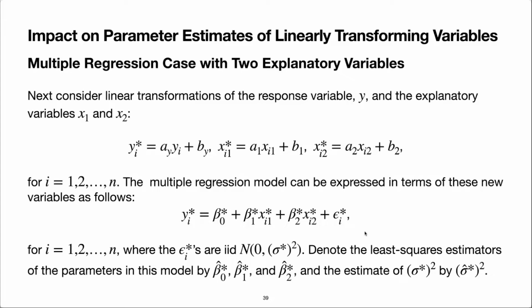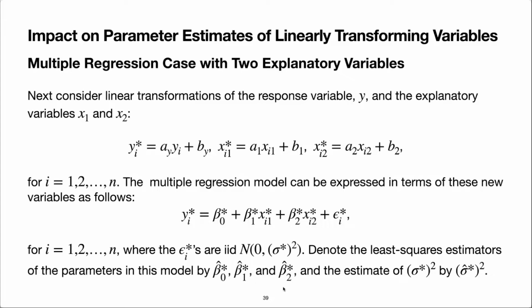All right, now the least squares estimators of the parameters beta 0 star, beta 1 star, and beta 2 star will be denoted beta 0 star hat, and then beta 1 star hat and beta 2 star hat respectively.